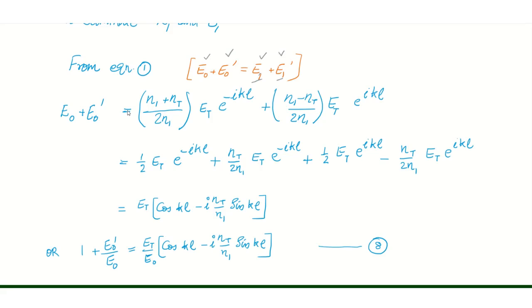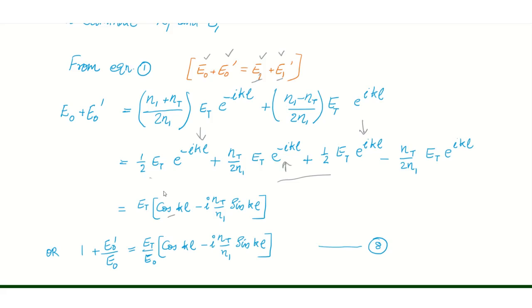Now E0 plus E0 prime is this one, and just expand terms. Then you can club together e to the power ikl and e to the power minus ikl, and similarly these two.